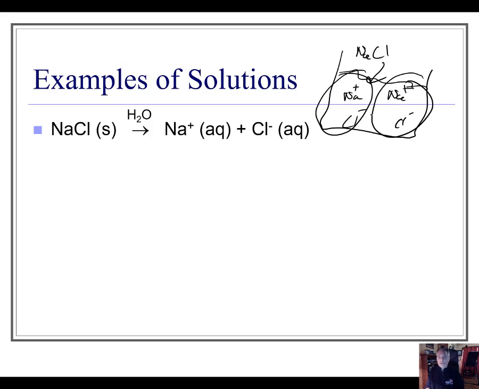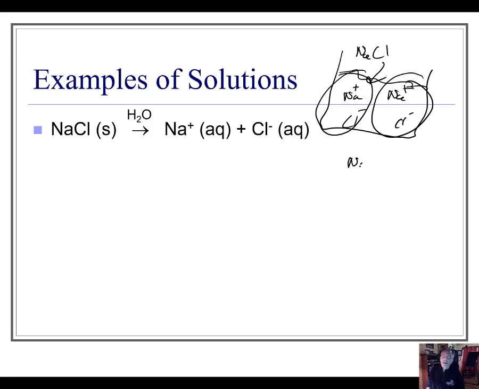Now, what we just studied, intermolecular forces, has a great deal to do with this. Water, if water's our solvent, it's a polar molecule. Many ionic compounds will dissolve, and this is the way they dissolve.